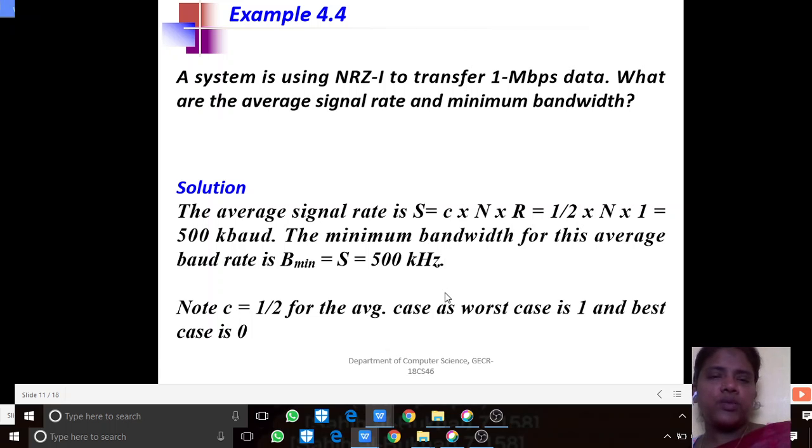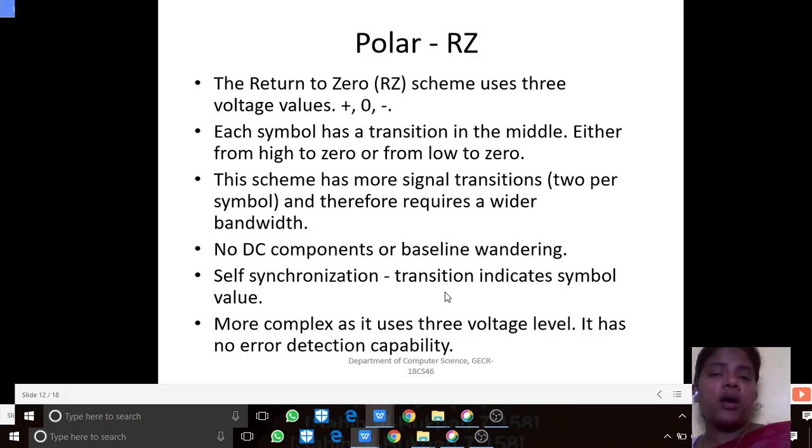Okay, now what is the polar return-to-zero line coding scheme? The return-to-zero scheme uses 3 voltages: plus, 0 and minus. 0 is on the time axis, plus is above the time axis, and minus is below the time axis.